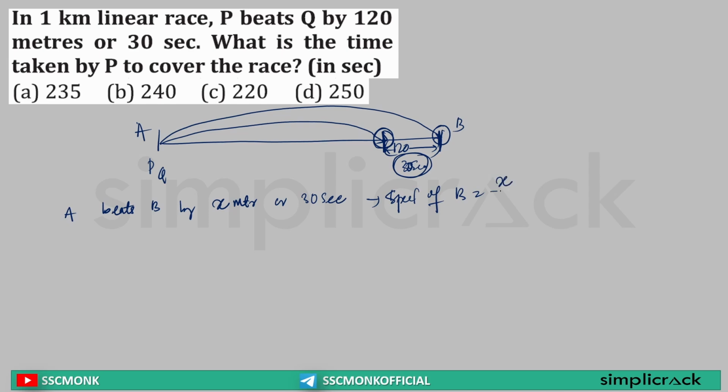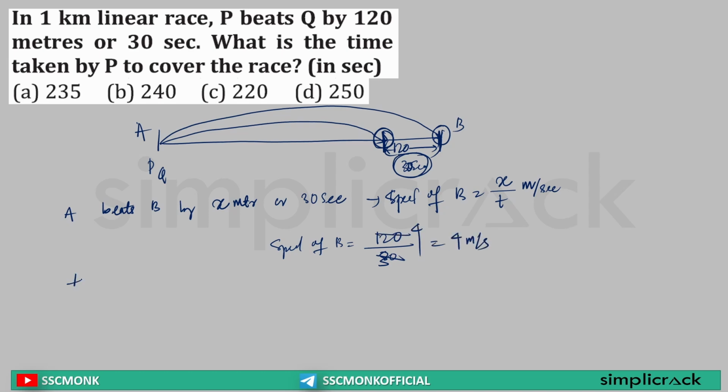So the speed of B is equal to X by T meters per second. Here what is X? Sir, X is equal to 120 meters. So the speed of B is equal to 120 meters divided by time 30 seconds. Sir, 30 4s are 120, so the speed of B is 4 meters per second.